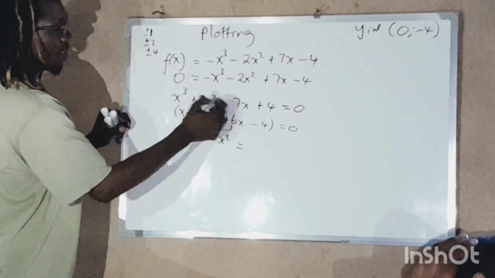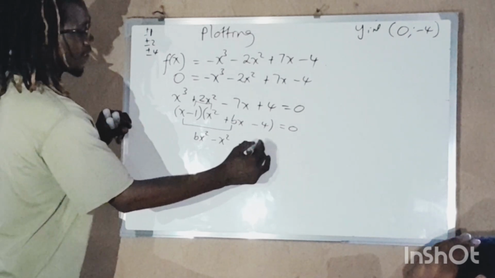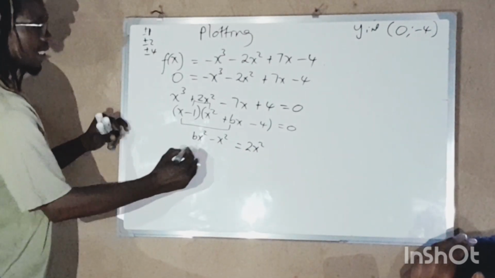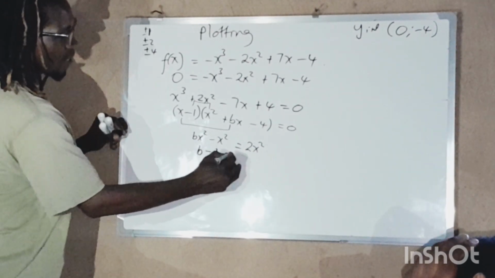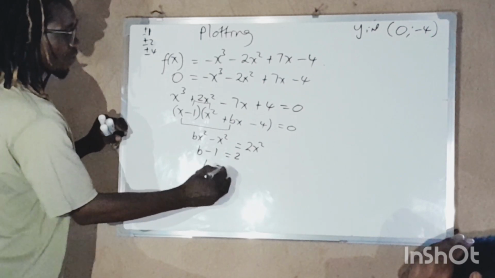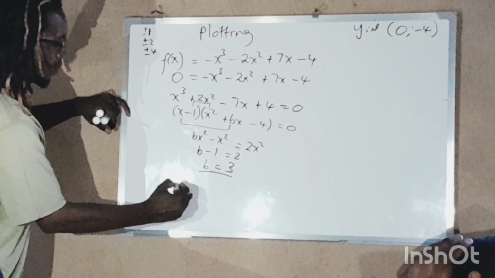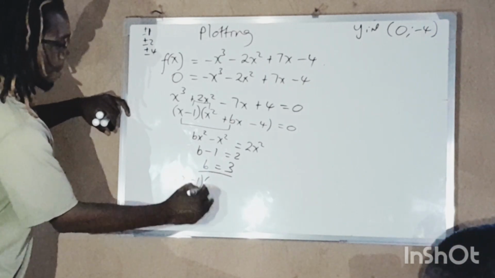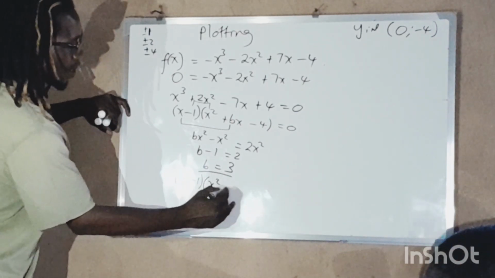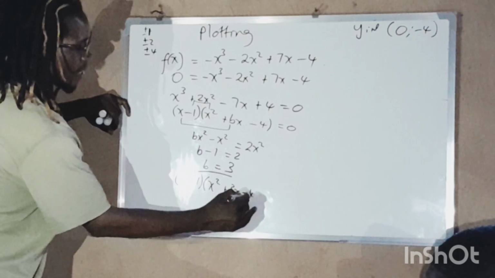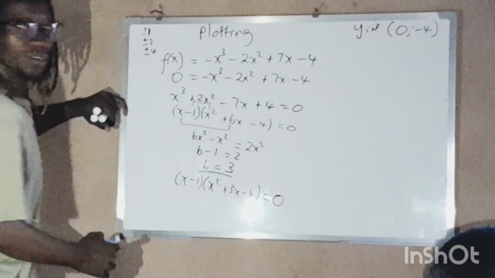This should give us 2x², right? And we can cancel the x², so b - 1 is equal to 2. So b is equal to 3. So if our b is equal to 3, then it means that x - 1 times x² + 3x - 4 is equal to 0, right?